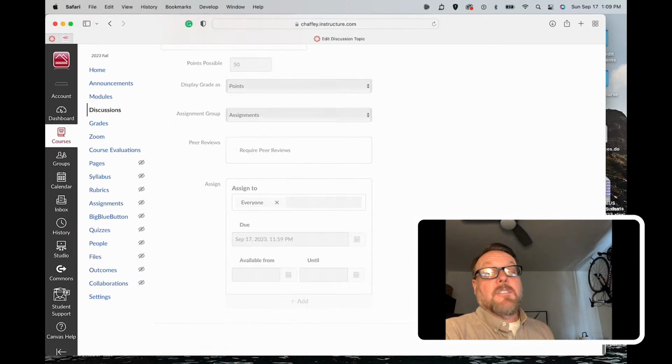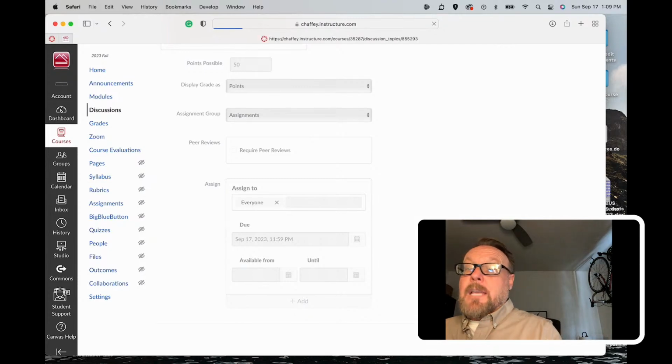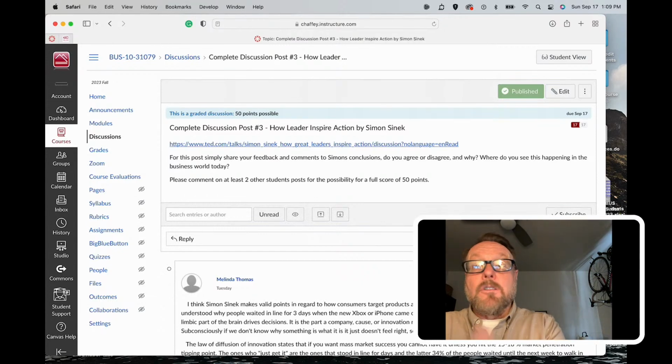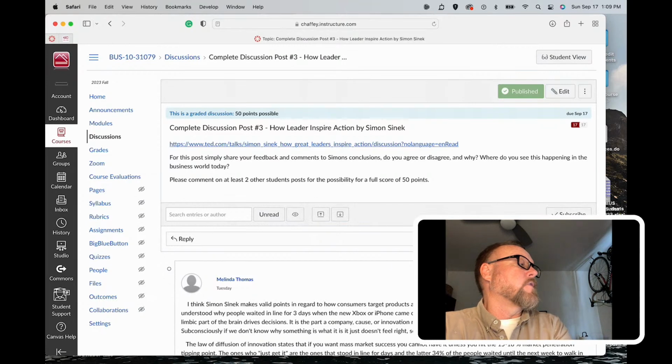And what I mean by that is you have to do your own initial post answering the questions, and then you need to view and comment on other students' posts in order to get a chance at full credit. You can do your own post and still only get a C on the assignment, but if you want to get a higher score, you got to comment on other students' posts. So make sure you do that.